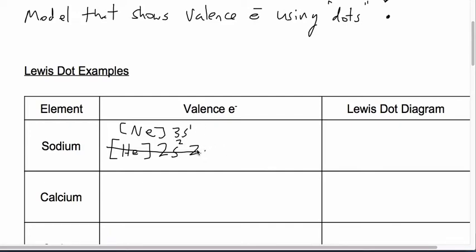So the outermost S and P electrons, we see that there's nothing in the P orbital. So there is one Lewis dot. So the way I show that is I write Na, and this one becomes a dot right here. Yay! So sodium has that one electron available for bonding.